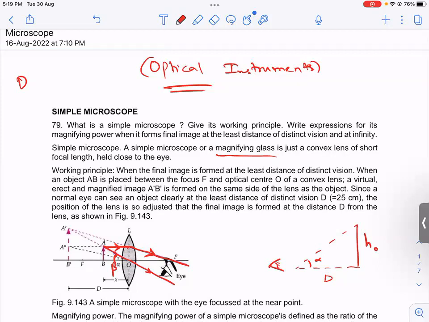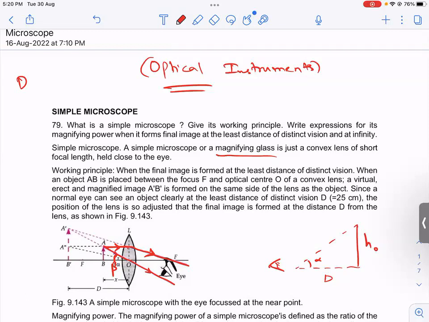Angular magnification is also called magnifying power. Both are the same. So when they ask a question, they can say either find out the angular magnification or magnifying power.